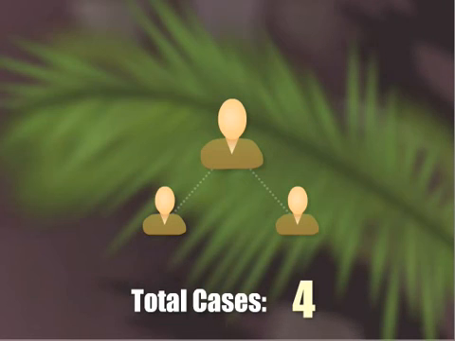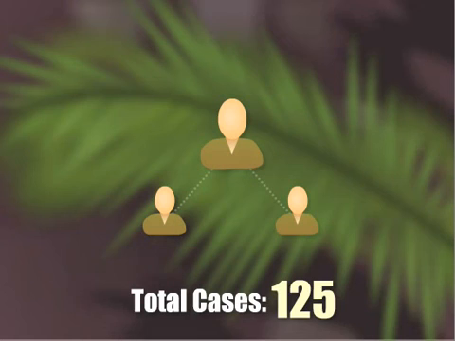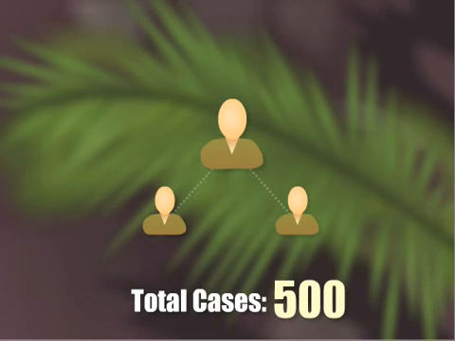Let's move forward. The next week, everybody introduces one more person into the business. Boom! Your team is now 8. The week after, the number of cases of your team grows to 16. The week after is 32. Then it's 64. And we go on. 125, 250, and finally 500 cases.